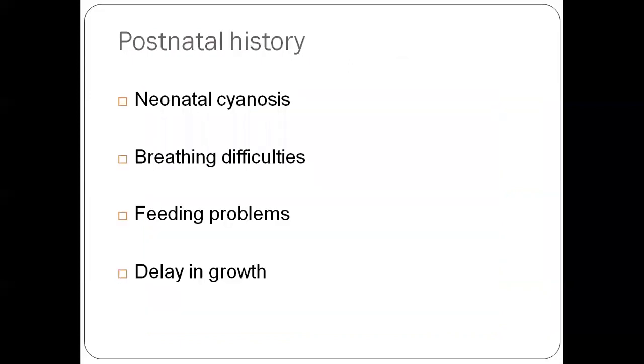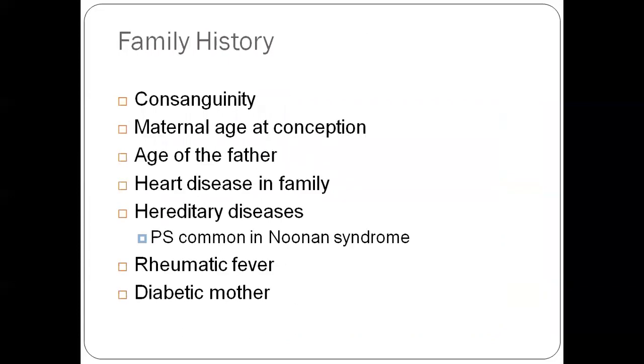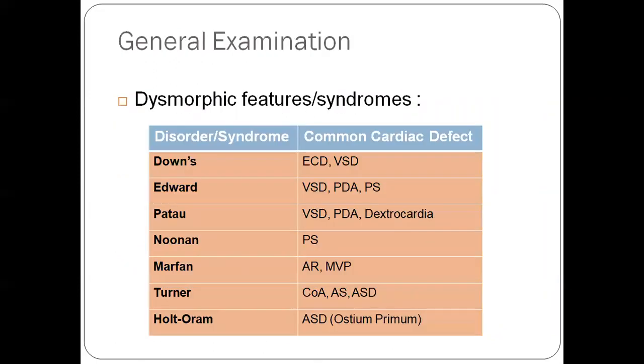The postnatal history includes neonatal cyanosis, breathing difficulty, feeding problem, and delay in growth. Family history includes maternal age at conception, age of the father, heart disease in the family, hereditary disease, rheumatic fever, and diabetic mother.